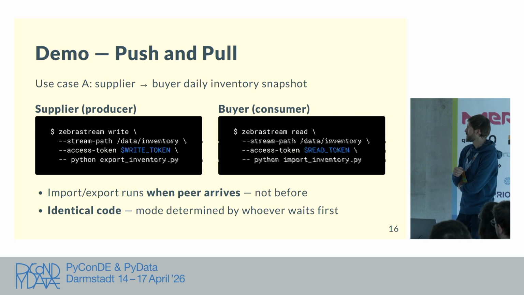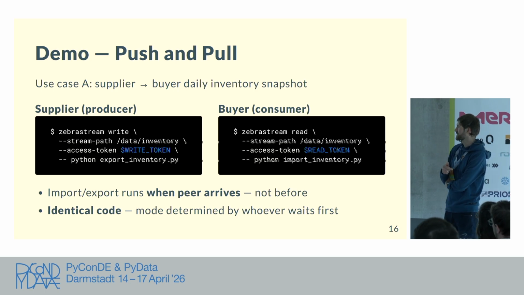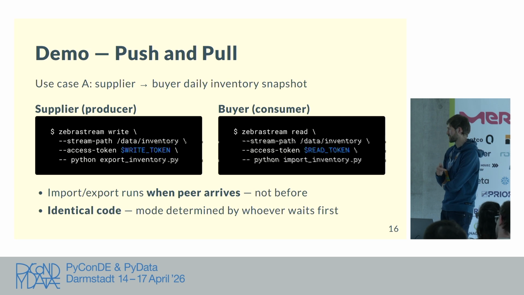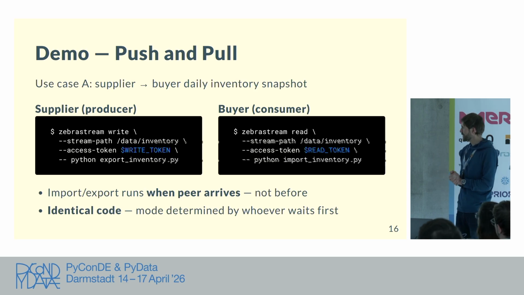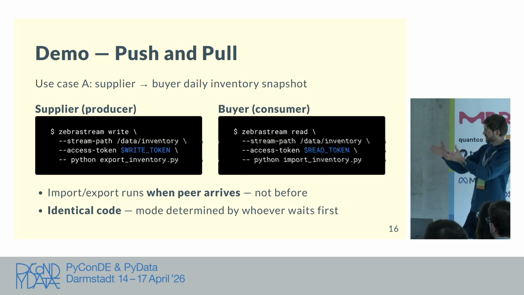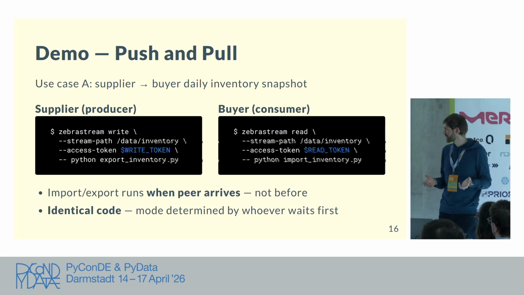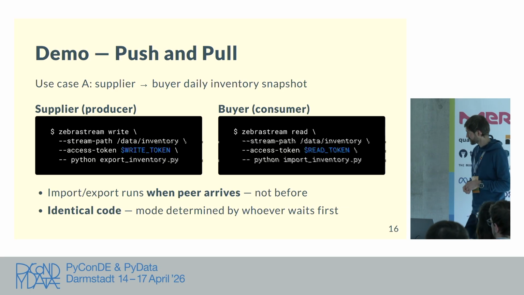Basically, all we need to align is the stream address and the access token. The access token is different for both sides because this is a privilege separation. And we need the logic, which lives in the export-import. Suppose the supplier has a database or warehouse where the inventory data lives.